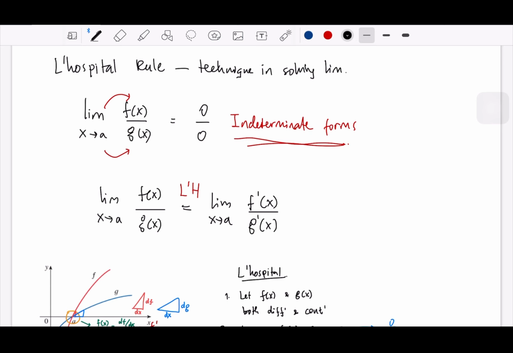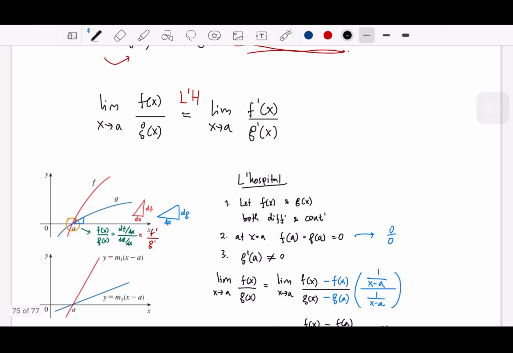I think I mentioned that at some point when both functions are 0, nearby this point, if we are going to sketch the tangent, if we zoom in on these nearby positions, they are certainly the same as our tangent.